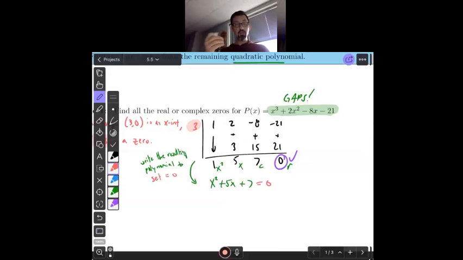Remember, you're trying to find the zeros, those x-intercepts. And when we solve quadratics, we want the equation to be equal to 0. And then we think about, well, how do I solve a quadratic equation?